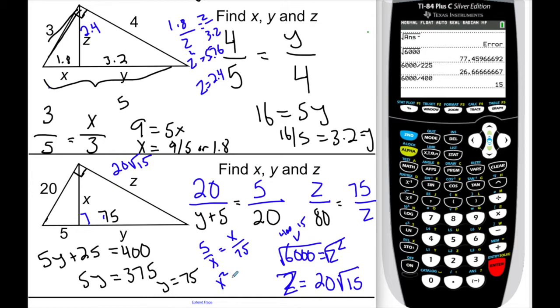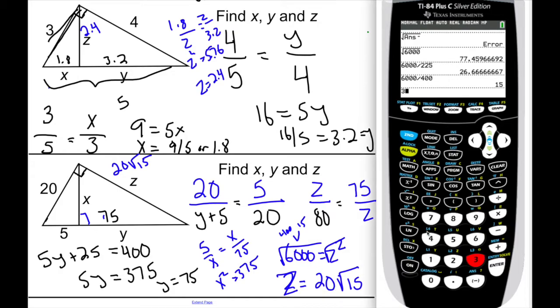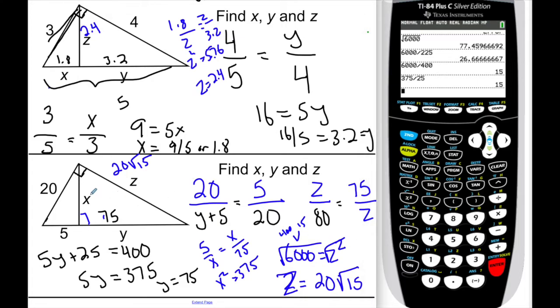So I've got x squared equals 375, and I know that because I did this over here. And now I've got to do the square root of 375. I know it's not a whole number, but I know that 375 is divisible by 25. And interestingly, it's 15. Isn't that interesting? So basically what I have here is 5 square root of 15. Okay? And that is what I have for that right there.